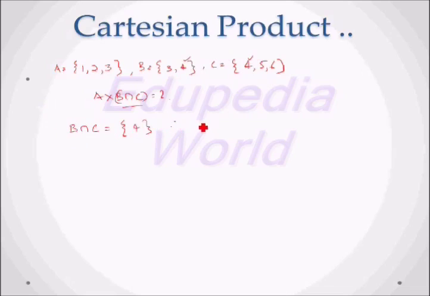Therefore, A cross (B intersection C) equals the set of all ordered pairs (1, 4), (2, 4), and (3, 4). So that's the answer.